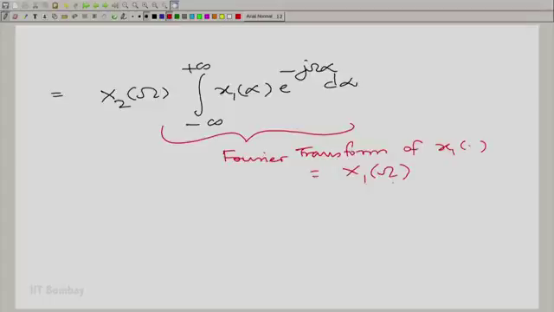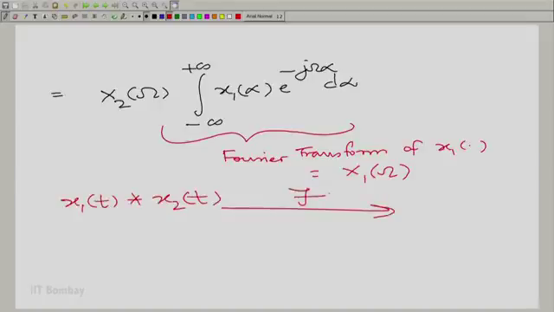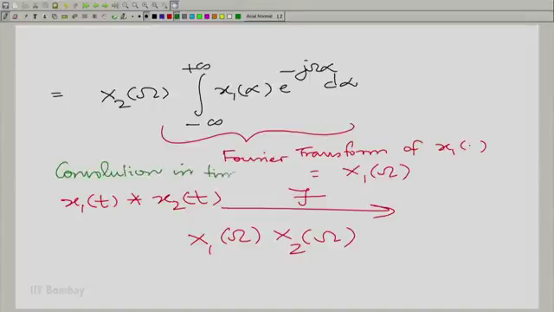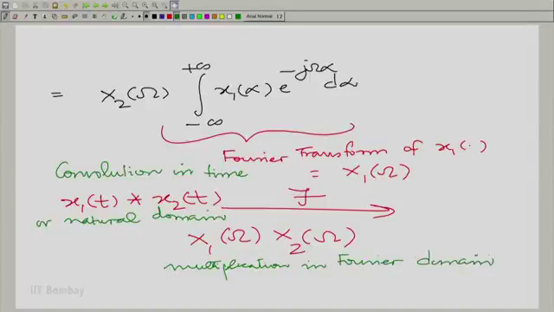And therefore, we have a very interesting conclusion. I am now going to highlight: x1 convolved with x2 has a Fourier transform given by the product of the Fourier transforms of individually x1 and x2. In other words, convolution in time or in the natural domain moves to multiplication in the Fourier domain. This is very interesting.